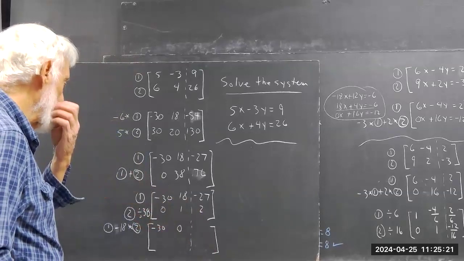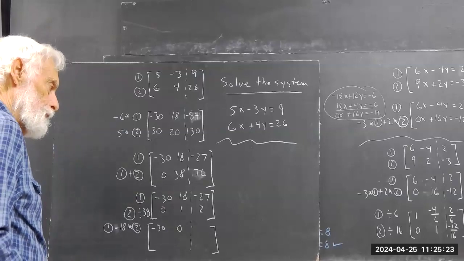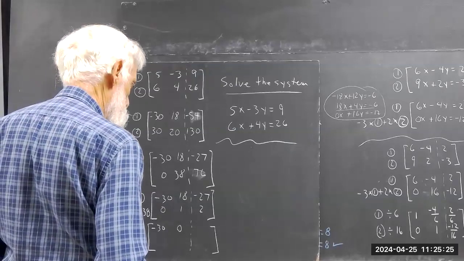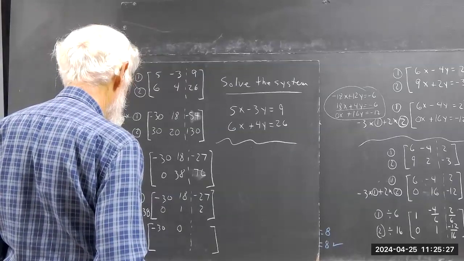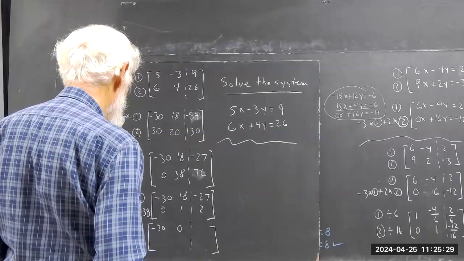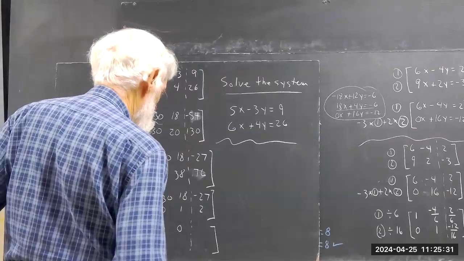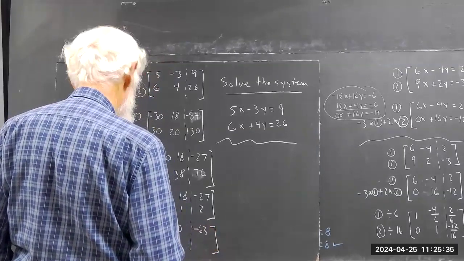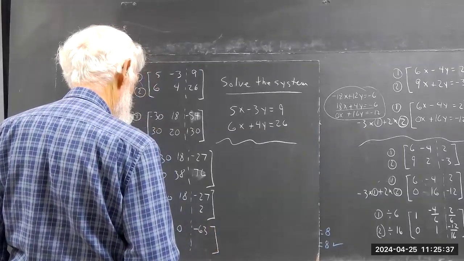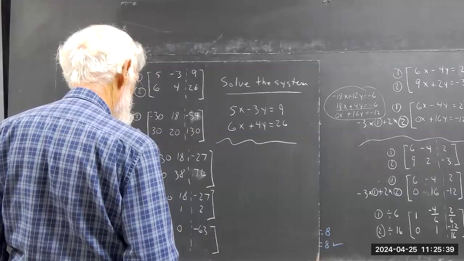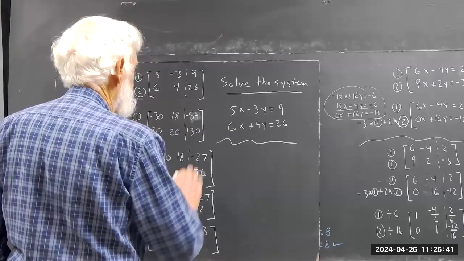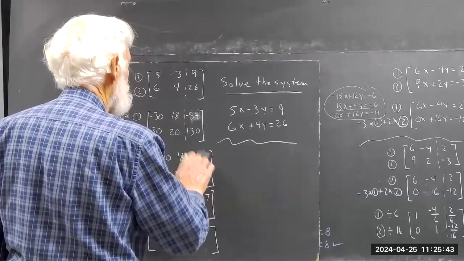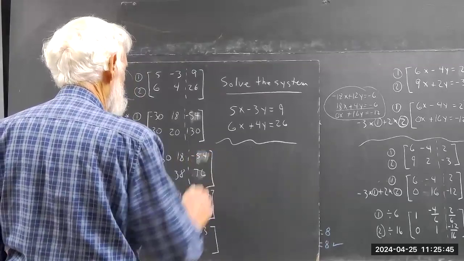Negative 18 times 2 is negative 36. Negative 36 and negative 27 is negative 63, which means this is negative 54.